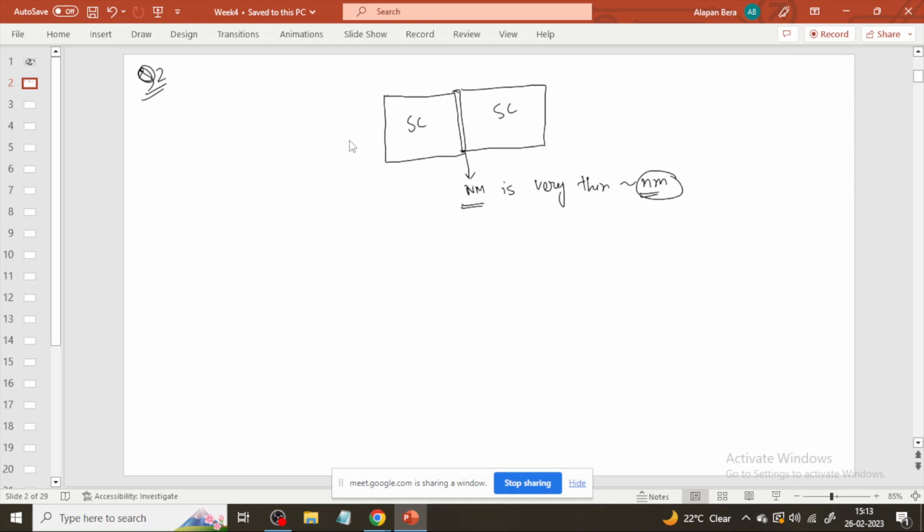Okay, that being said, now what happens in the case of this junction? This is called the Josephson junction.